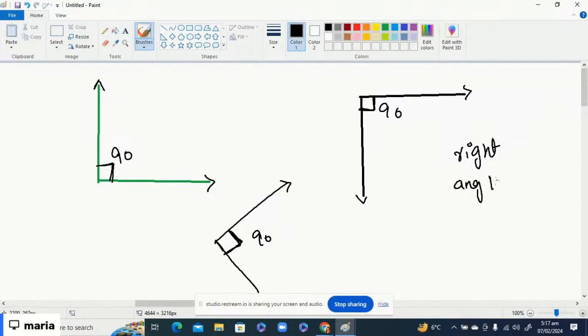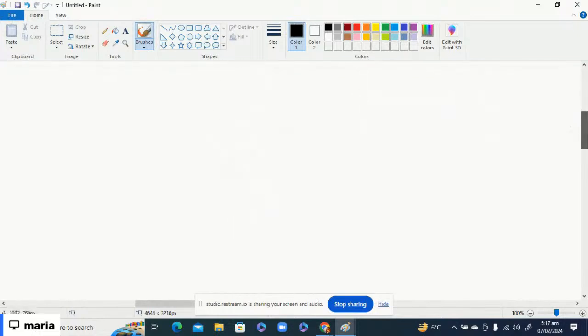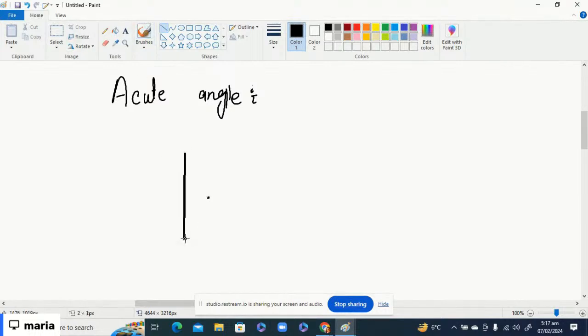Now let's discuss the acute angle. An acute angle is always less than 90 degrees. As we know, if this is your 90 degree angle, then your acute angle is always less than 90.